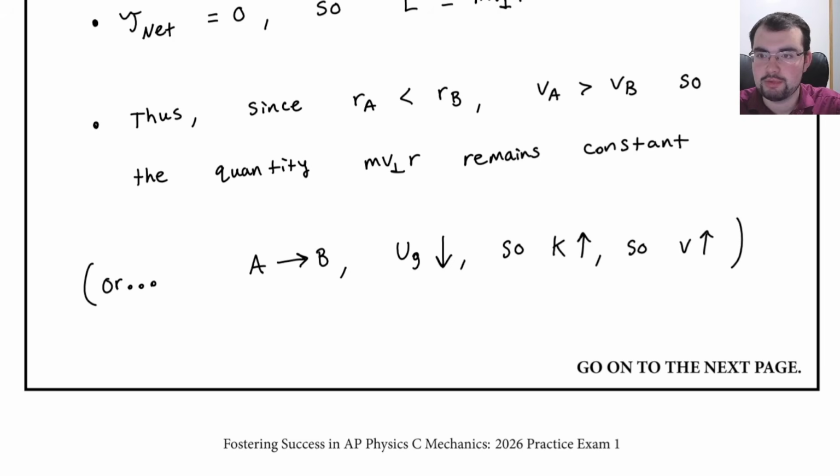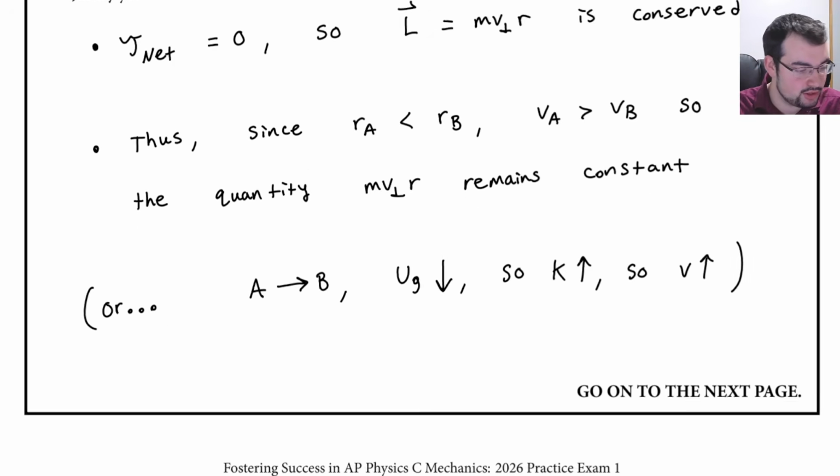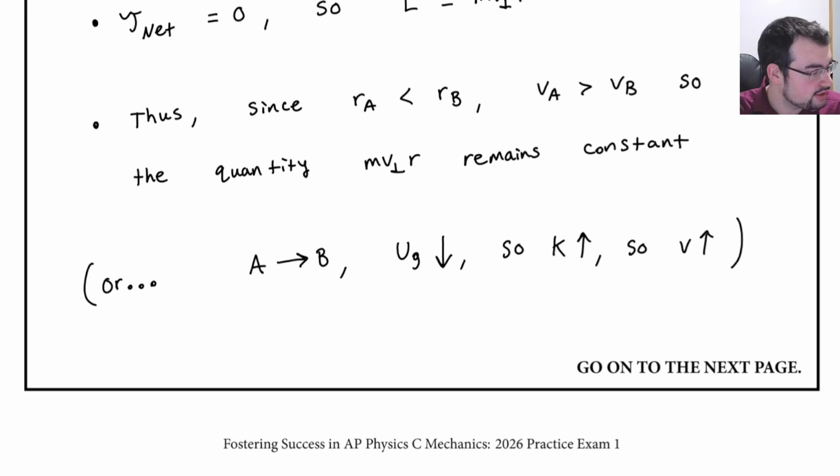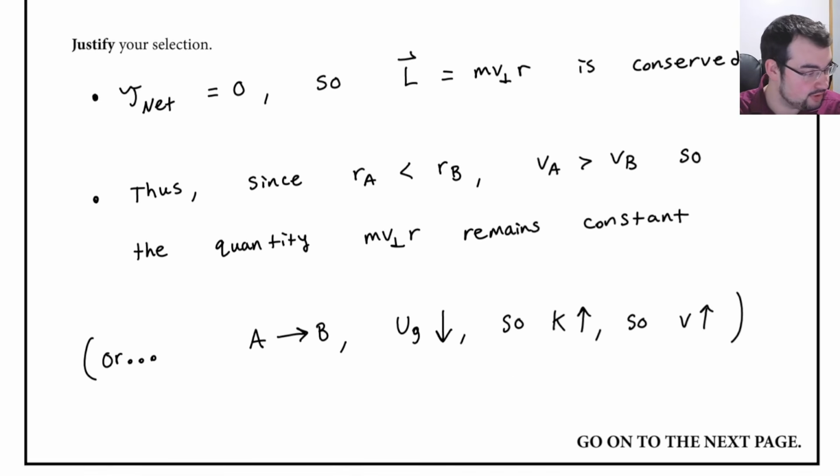And why do I know potential energy decreases? Well, think about it like on Earth. If I drop a ball, the ball gets closer. If the ball gets closer to Earth, its potential energy decreases. Now, of course, you could just use this formula and say that if your R gets smaller, you get a larger negative number, which is a decrease. This solution also works. So you need to justify it using conservation of something.